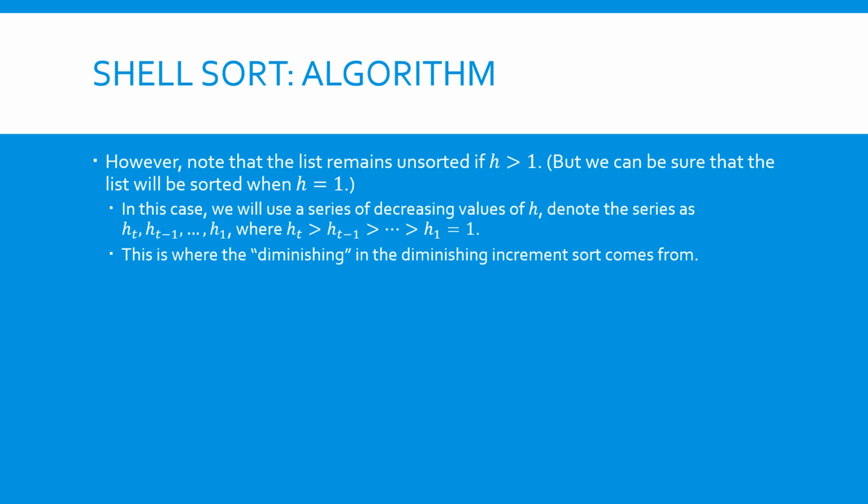Specifically, we will assign a large increment h_t for the first sorting phase, a smaller increment h_(t-1) in the second sorting phase, and so on. In the last sorting phase, we must assign h_1 as 1 to ensure that the entire list will be sorted. This procedure explains well the algorithm's name, diminishing increment sort.